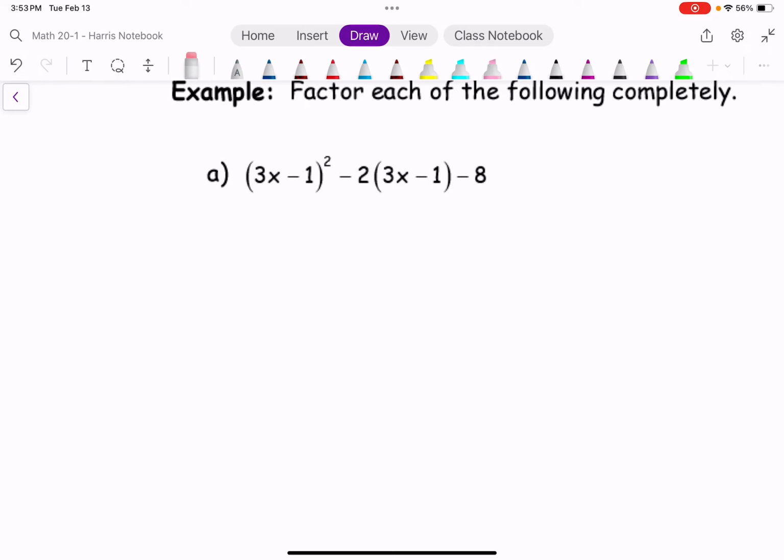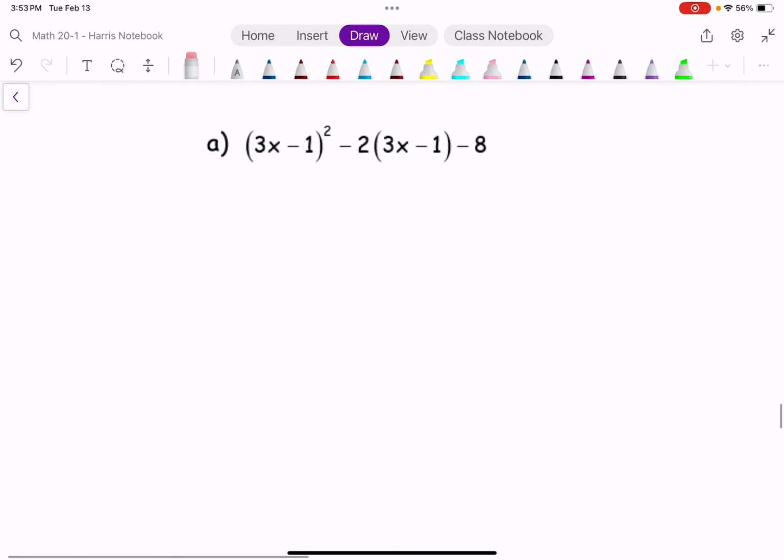I know you were all probably able to expand this out, collect like terms, break it down to a trinomial, and then factor that trinomial. However, I'm going to show you an easier way. Here I have a squared term, a non-squared term, and a constant.